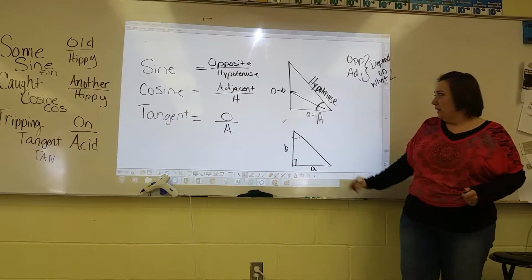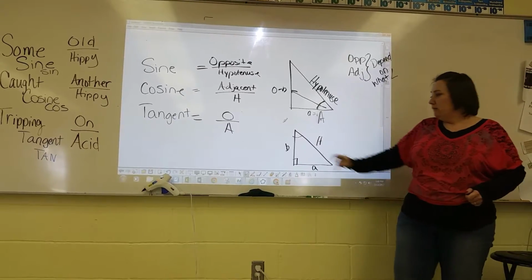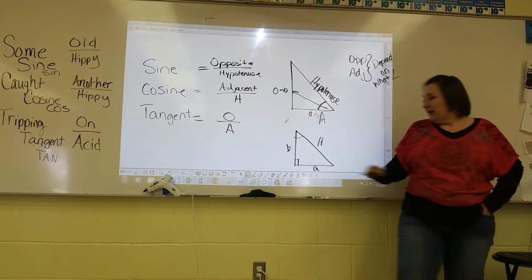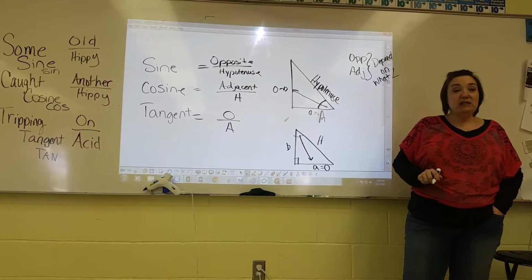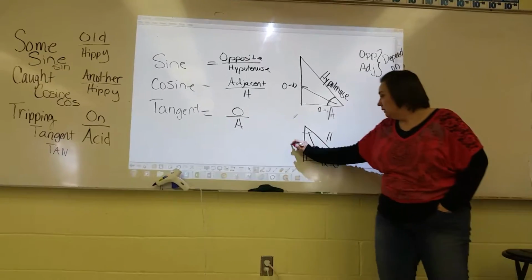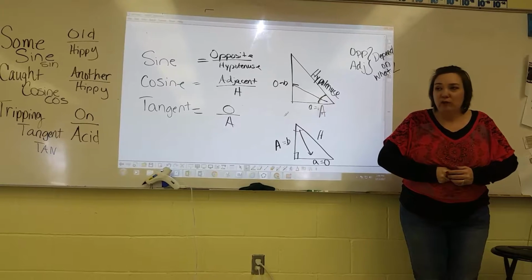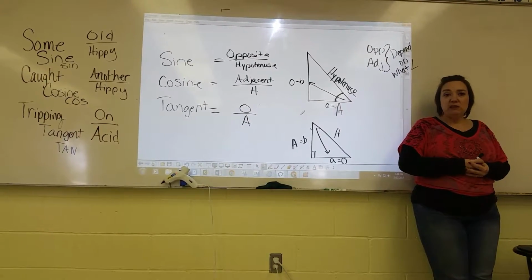That's still B, that's still A. This is still my hypotenuse, right? If I'm talking about this angle right here, what side's opposite? A. Now A is the opposite side. What side is adjacent? B. So do you see how it depends on what angle you're referring to as to which side is opposite and which side is adjacent? Does that make sense?